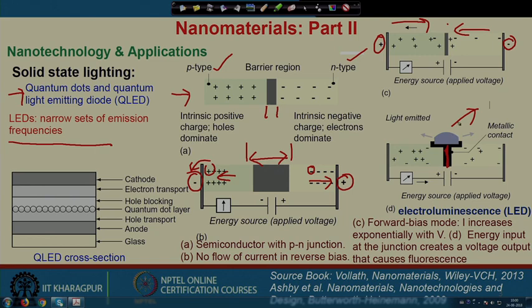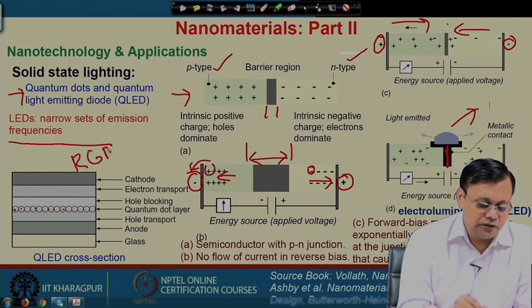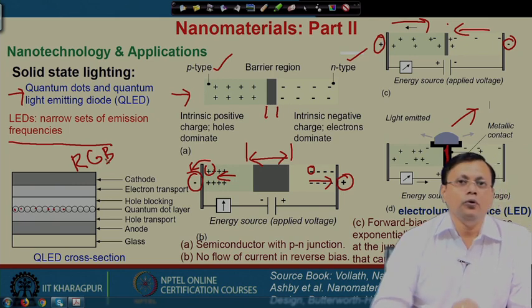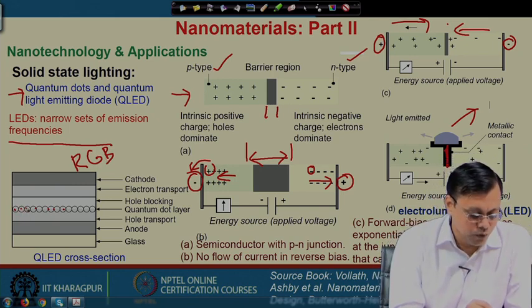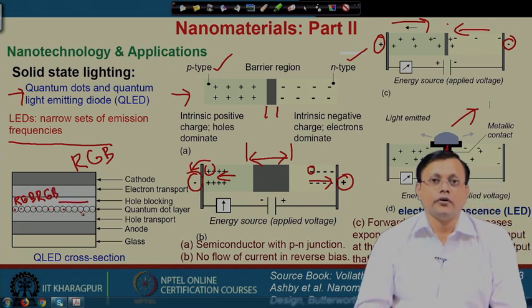On the other hand, when we talk about the quantum LED, these are the quantum dot layers with different colors, which basically means RGB: red, green and blue. These red, green and blue layers are printed one after another, and in that way it continues.